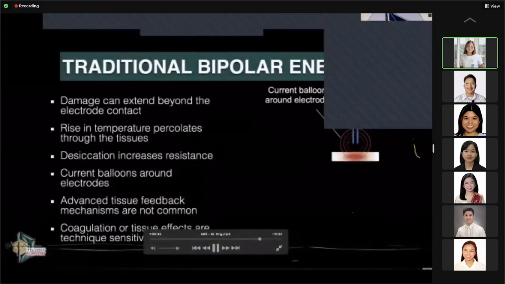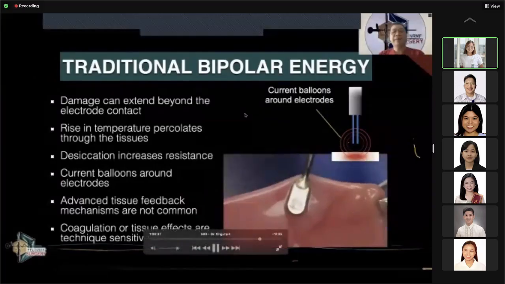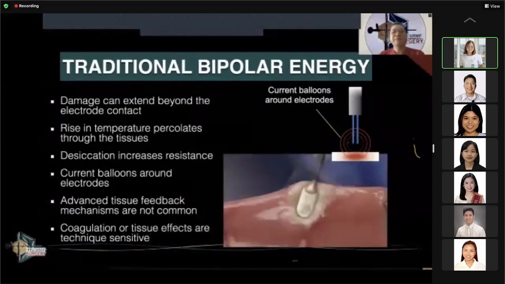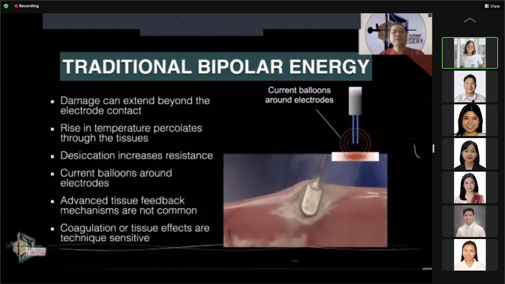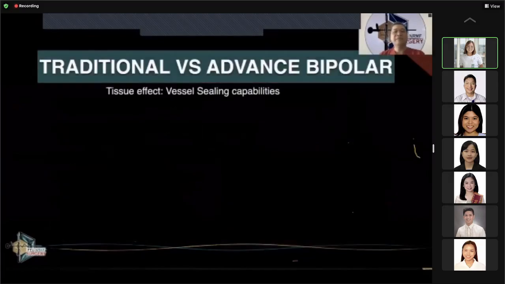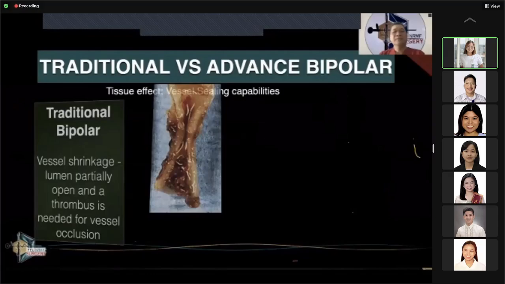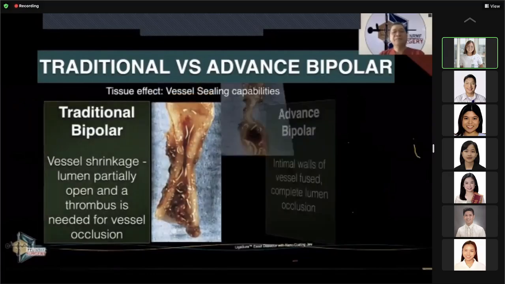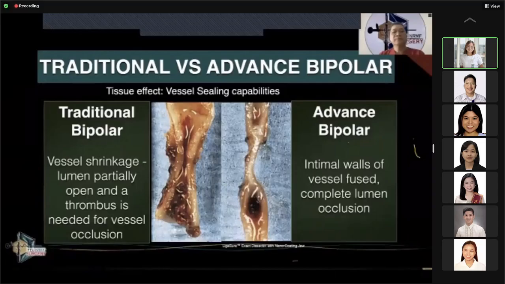So this is the effect of the bipolar system. The two edges of the instrument carry the current. It does not pass through the patient. This is the effect on the tissue. This is the advanced bipolar system.